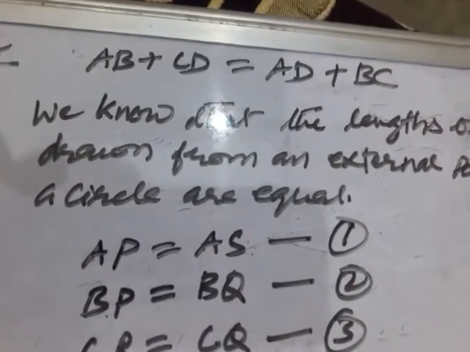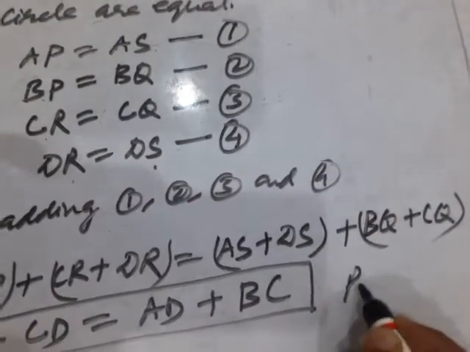Okay children, and that is what we have to prove. That is given here: AB plus CD equals AD plus BC, and we have proved it.